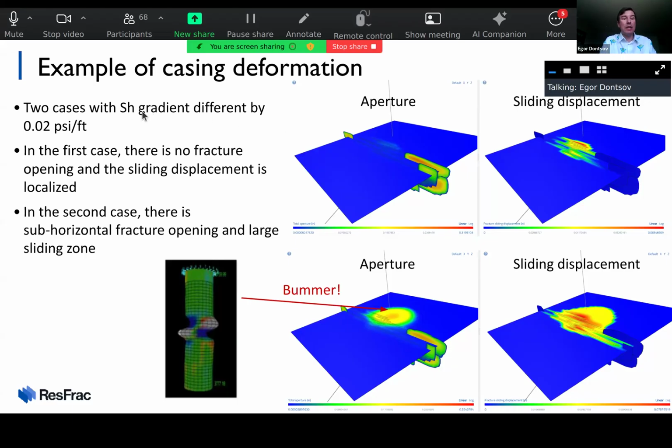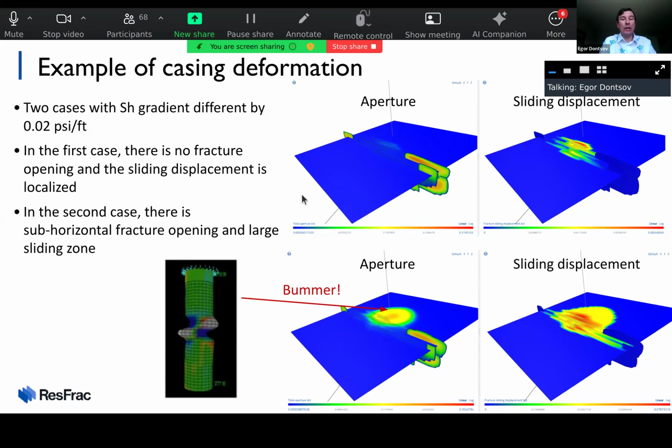The difference between the vertical stress gradient and the minimum horizontal stress gradient is just 0.02 psi per foot between the top and the bottom. This translates to an absolute stress difference of 200 psi.